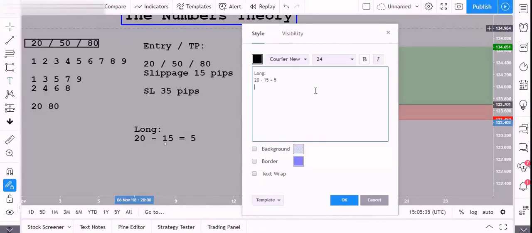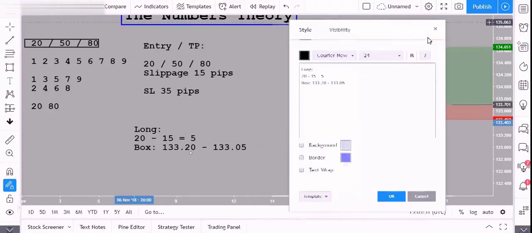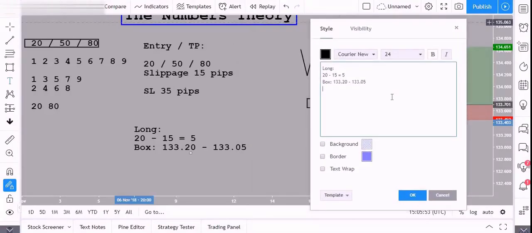It means if I use a box, let's use the example of 133.20 to 133.05. Let's take another one. 50 minus 15 equals 35.